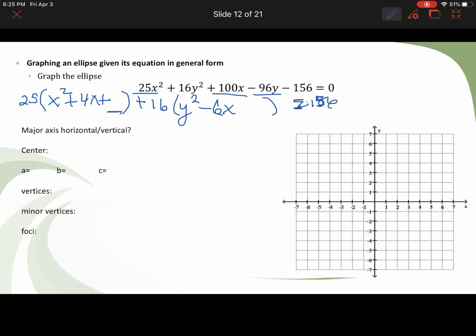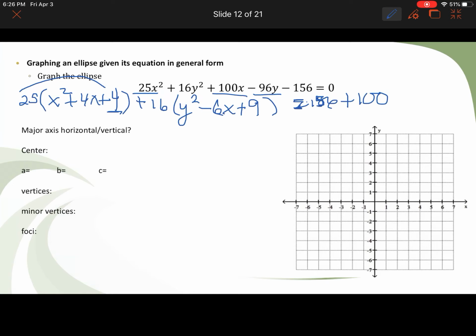Okay, so the number that goes in here, we take half of the 4, which is 2, and we square it, so that's a 4. But really, we've done 25 times 4, so that's 100. So I have to add 100 to this side. So now I'm up to 256. And then in this one, I take half of this -6 and I square it.